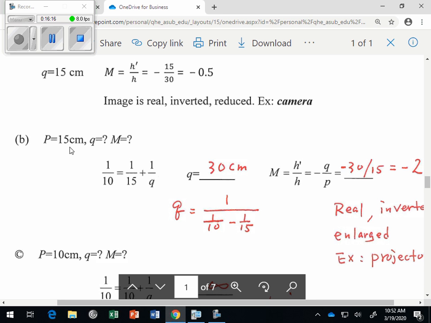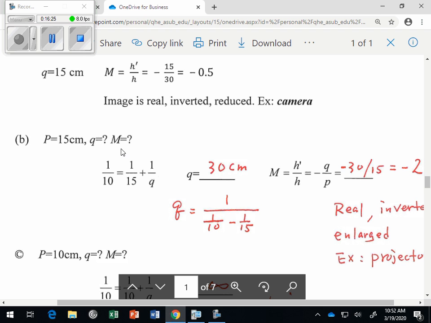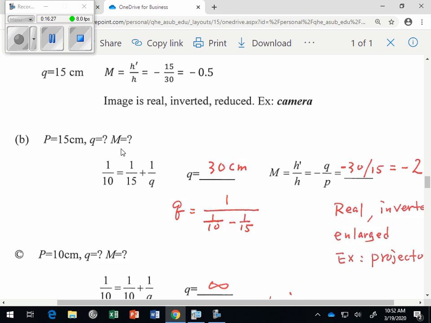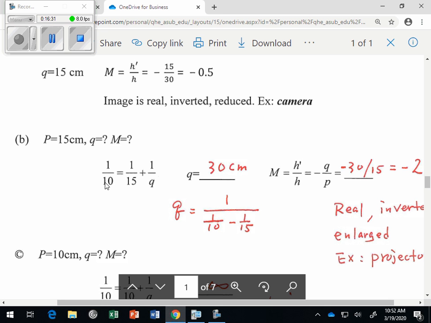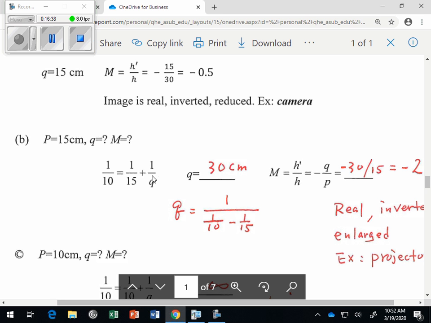If the object on the left side in front equals 15 centimeter, and we want to find the Q and M. Well, the F, of course, is still the same. So 1 over 10, that's F equals 10, equals 1 over P, 15, plus 1 over Q.